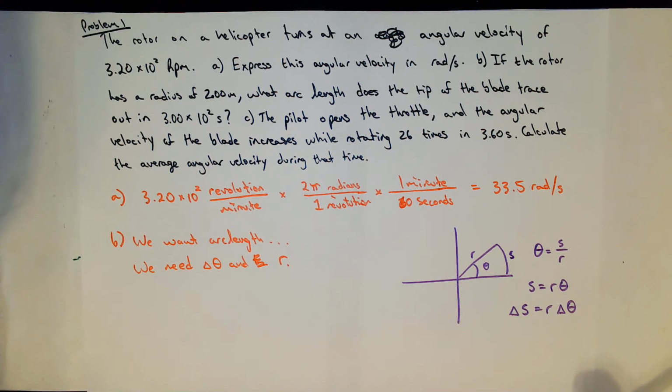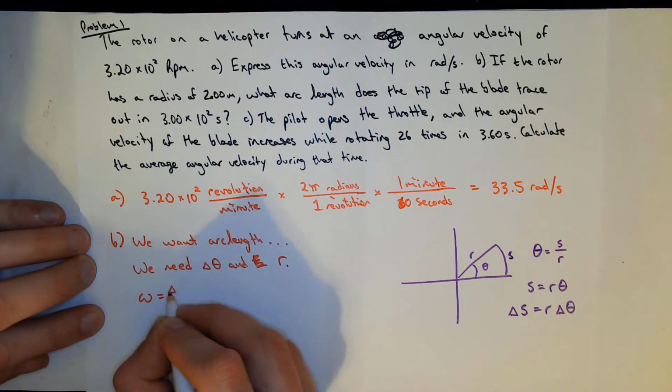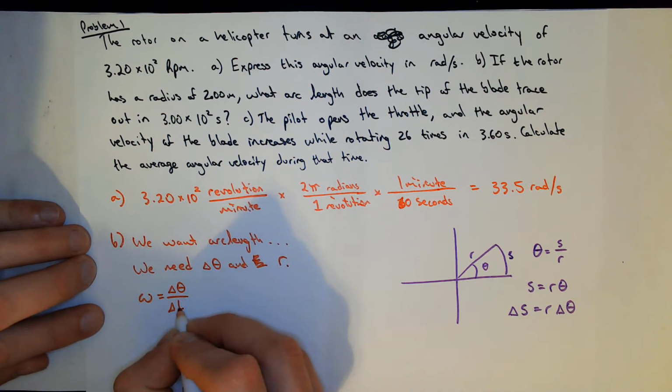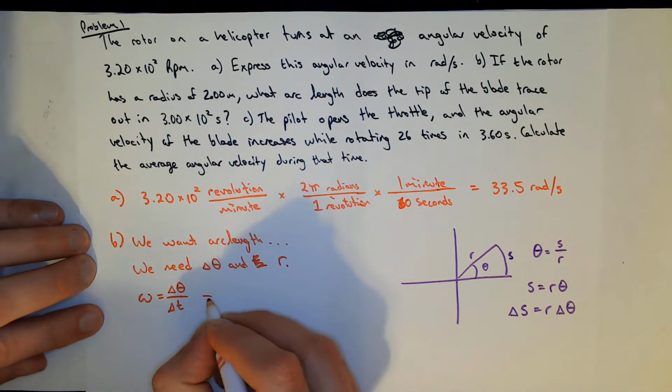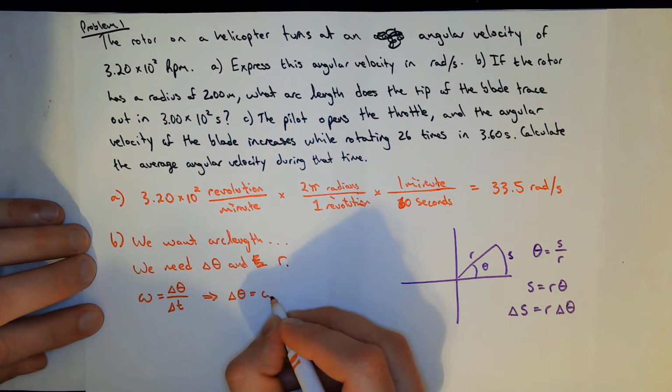But we do know that omega is equal to delta theta per delta t, and that tells me that delta theta is equal to omega delta t.